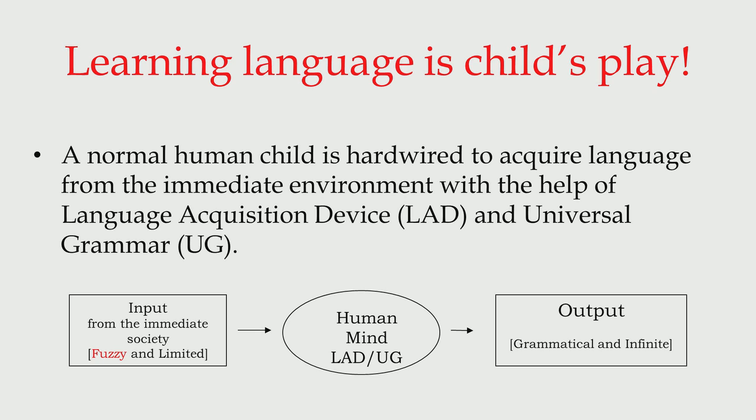We have the human mind in the center of it, which has language acquisition device and universal grammar inbuilt in it. It requires input from the society. Of course, that society is the immediate society for a child, and then we get output. The nature of input is really fuzzy and limited. By limited we mean insufficient, incoherent.